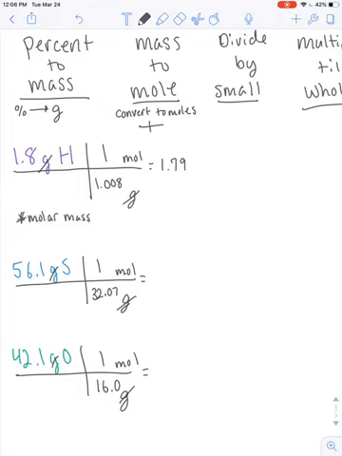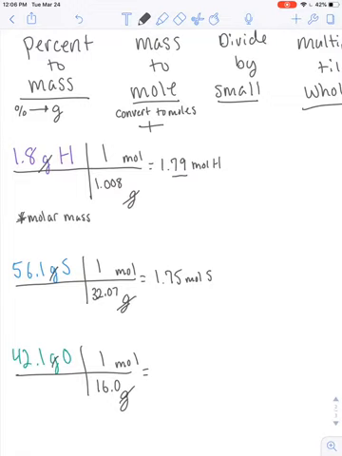It's good to go to about 2 decimal places when you're rounding for these. Try to be as accurate as possible. If you want to go 3 or 4, that's even better. I'm going to stick with 2, but we have 1.79 moles of hydrogen at this point. For this next one, 56.1 divided by 32.07 gives us 1.75 moles of sulfur.